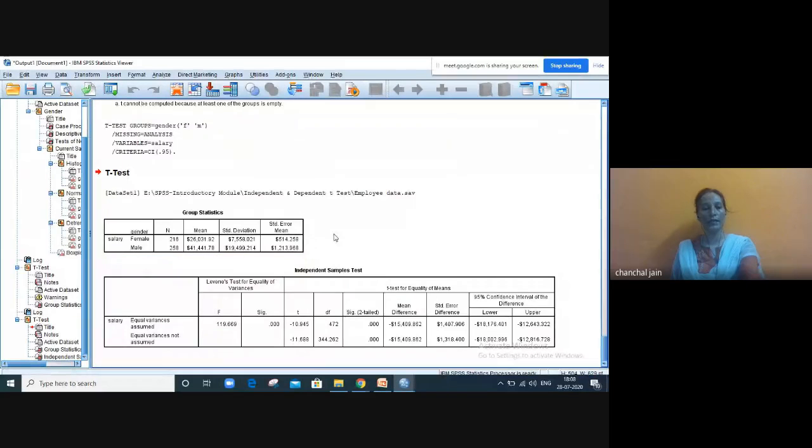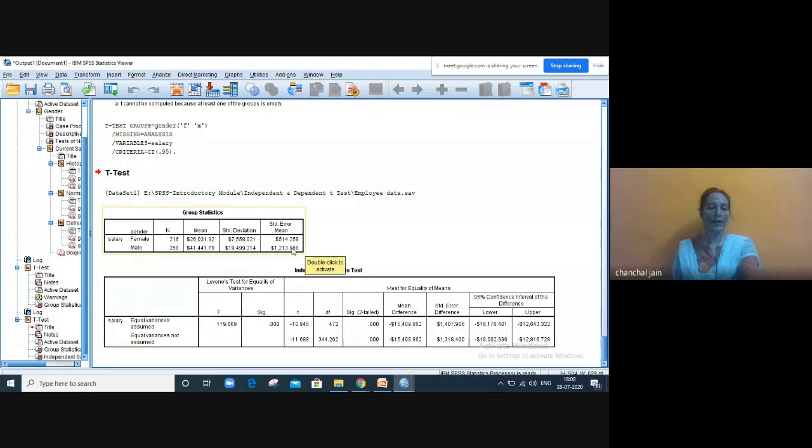You will get the standard error. This way you can calculate manually and check the standard error of the mean. Now I think it is a bit clear to you. This is the average salary and this is the standard deviation, indicating the spread in the female salary, and this is the spread in the male salary.